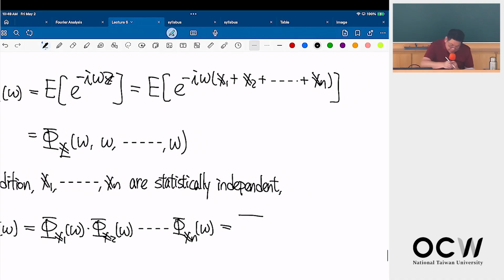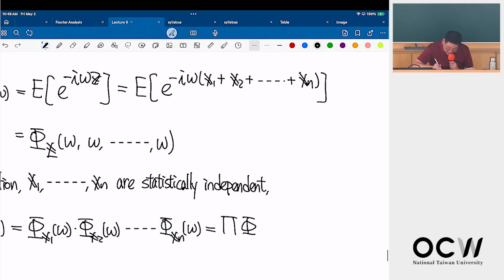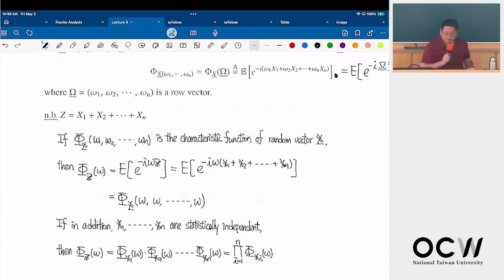We can just write a product over i from 1 to n. Okay.